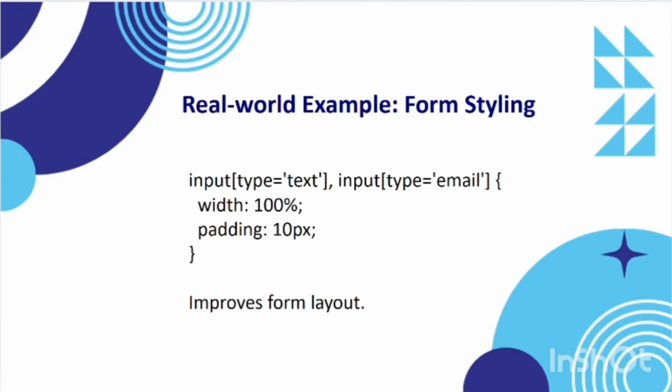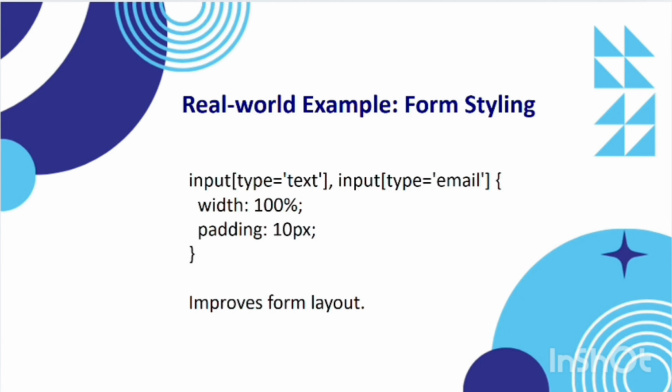Now see a real world example for form styling. input[type=text], input[type=email], width 100%, padding 10 pixels, which means text and email fields will stretch to full width with padding for spacing. It improves the form layout.